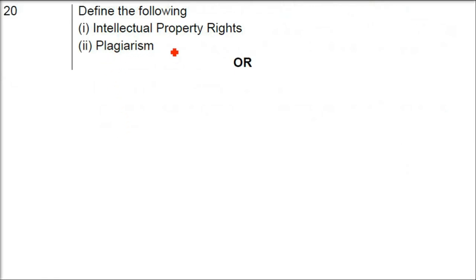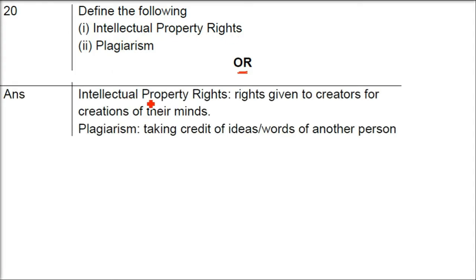Define the following: intellectual property rights and plagiarism. So you have to give the answer for both of these. So what is intellectual property right? Rights given to creators for creations of their minds. Now see, there is a person who has a certain idea. Everyone has good ideas.